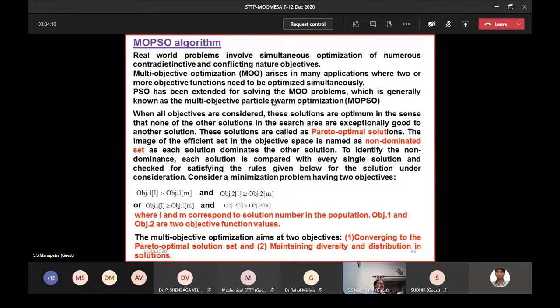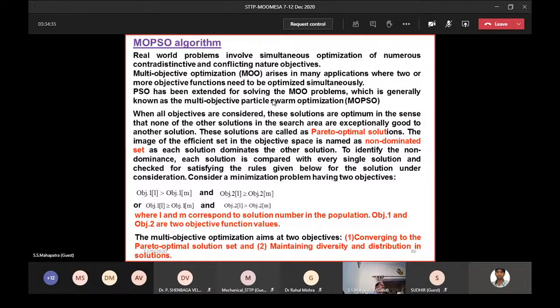You can get a single solution if you multiply F1 by W1, so you can have W1 into F1 plus W2 into F2. Then you can have a single solution for both the objectives: you take the weighted equivalent objective function, then you can get a single solution. But when you take the weighted function, what happens?